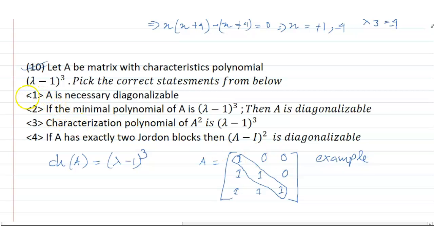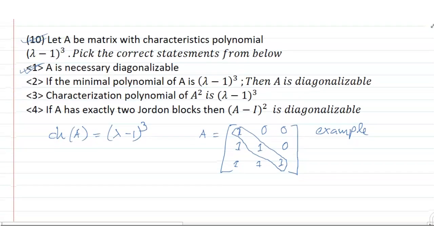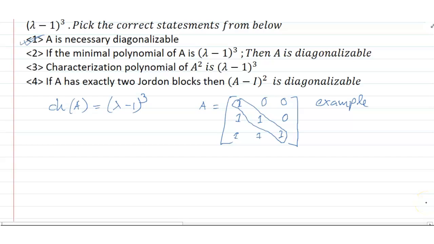Now, is A necessarily diagonalizable? I have to see whether it is necessarily diagonalizable or not. So what is diagonalizable? Diagonalizable means AM equals GM. Then it is diagonalizable. Now you have to see whether AM equals GM or not.